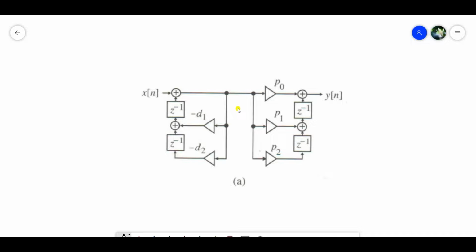So yn is a sum of two terms, we have this one and this one. But then we have to trace back where this comes from. So this comes from this summing junction. xn goes into a summing junction, and then it produces a signal that goes into P0. Now, this is not a branch, it's a summing junction, so this is not xn, but another signal.